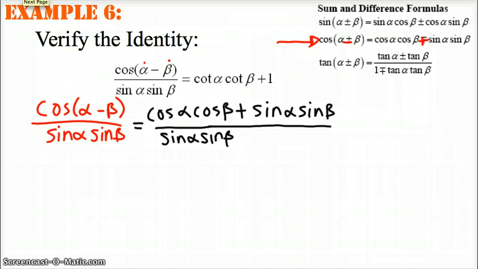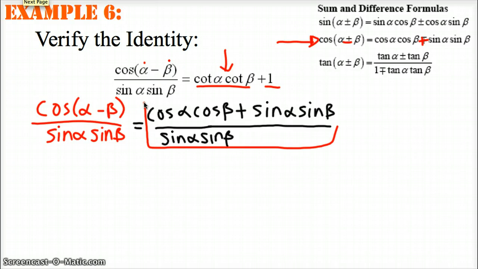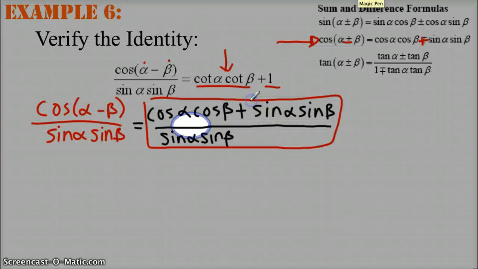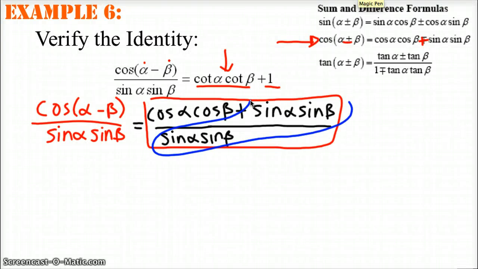So I take a look at my goal. My goal is to get cotangent A times cotangent B plus 1. Now, if I want to do that, I see that these are two separate terms, but in essence right now, I have one big term, one big fraction. So I'm going to start by separating the fraction into two pieces. Remember, you can do that by taking your value here, and the bottom will be one fraction, and the other fraction will be what you see on the top here.